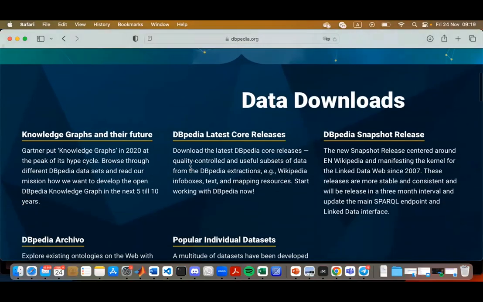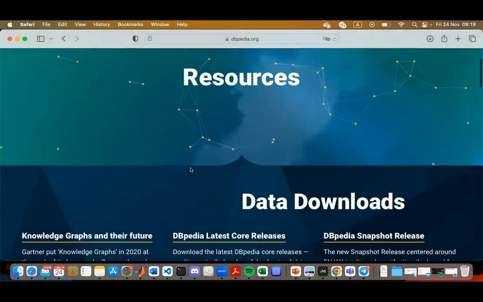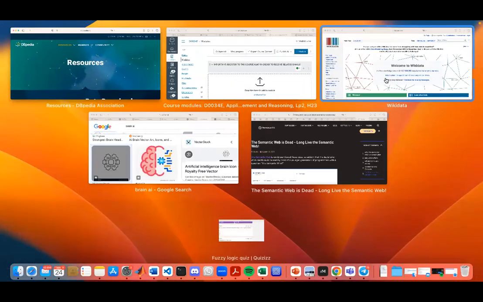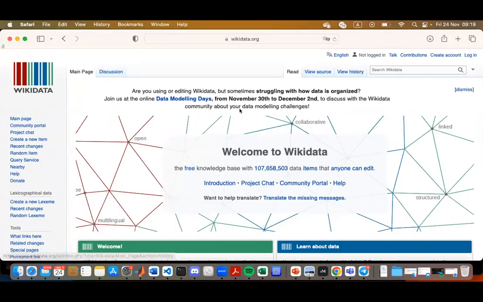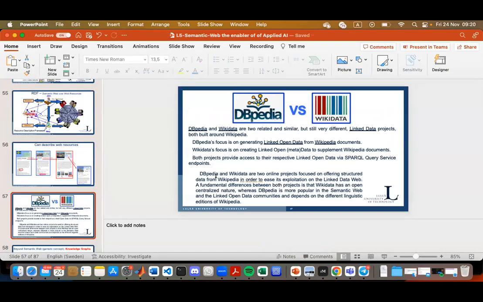You can browse through this site. Another one is Wikidata. Those were two projects of Wikipedia, obviously, to turn information into knowledge in this unified manner.